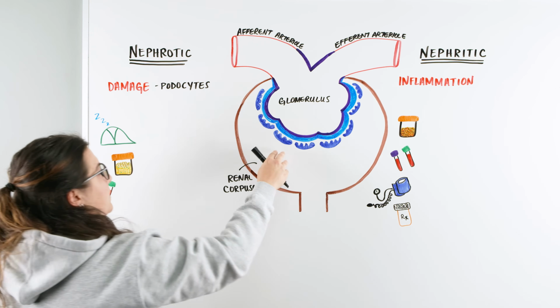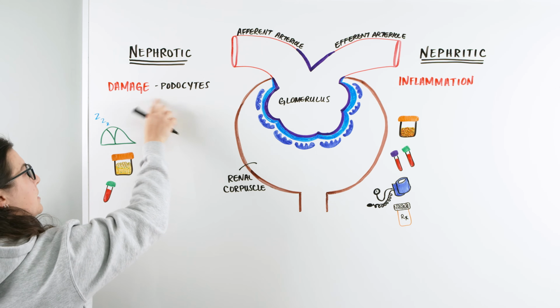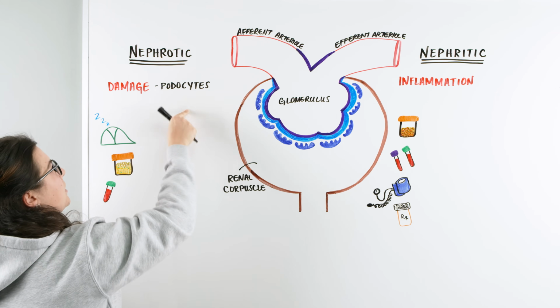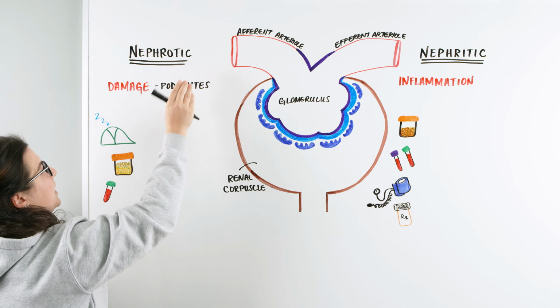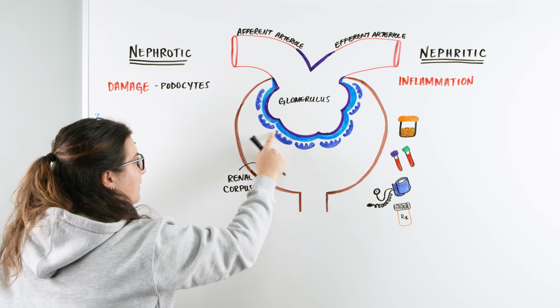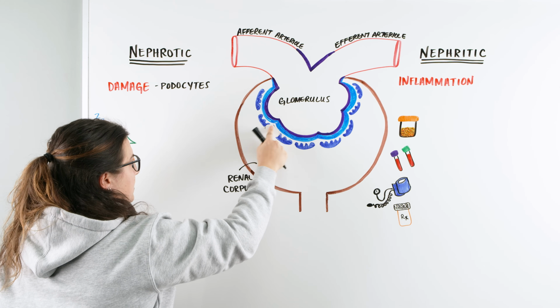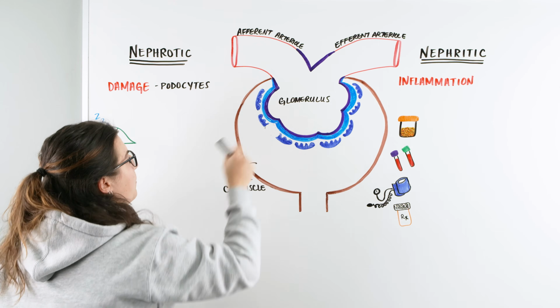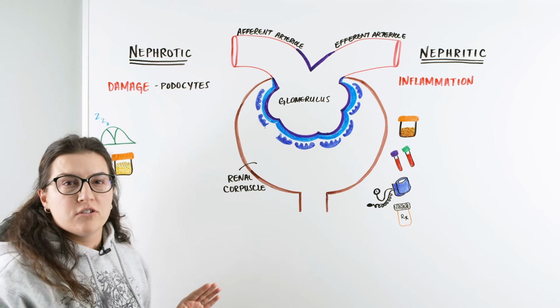When there's a disruption there, we're going to have some issues. So we have damage, or we have inflammation, and essentially along the way in nephrotic, we get a podocyte injury or podocyte damage. And then once we have that issue, these can open up, and we start to get a large loss of proteins.